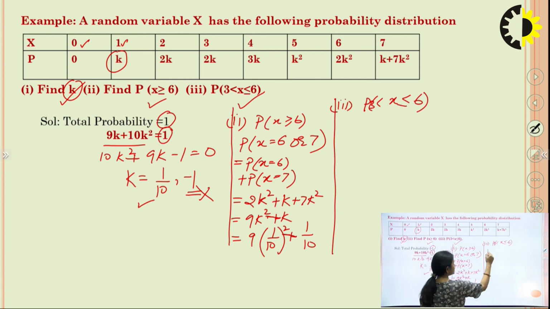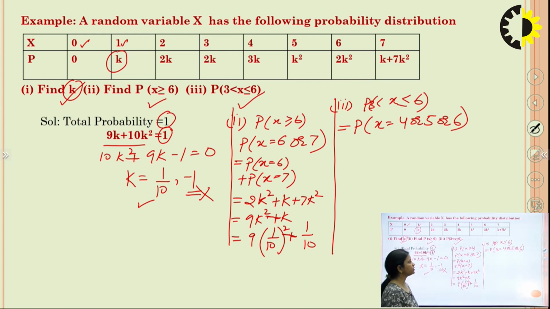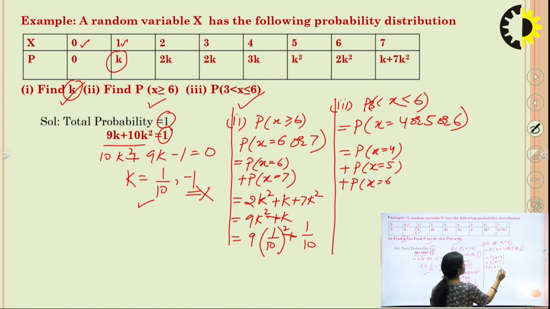So, keeping it in view, the variable x can take the values 4 or 5 or 6. Now again, by addition law of probability, we have probability of x equal to 4 plus probability of x equal to 5 plus probability of x equal to 6.